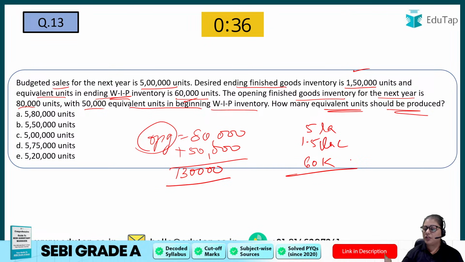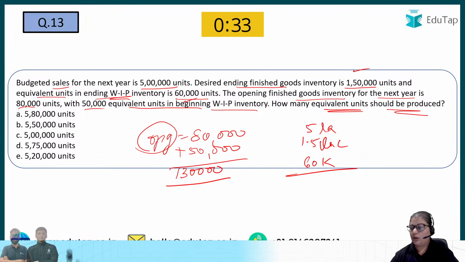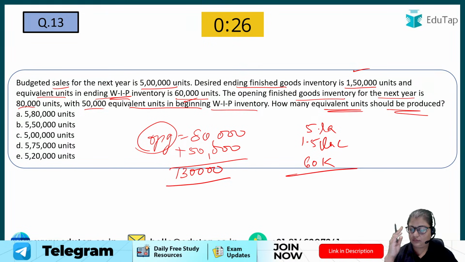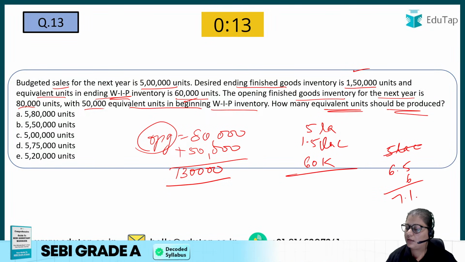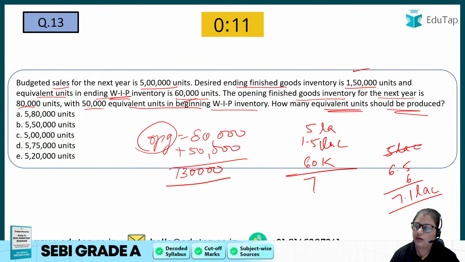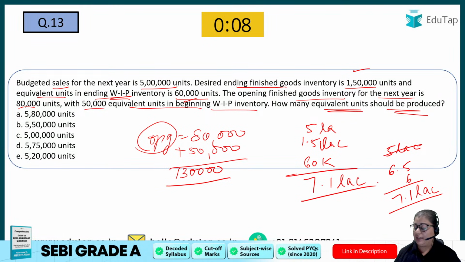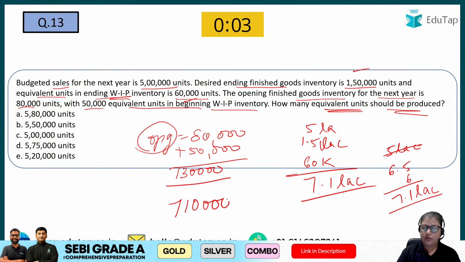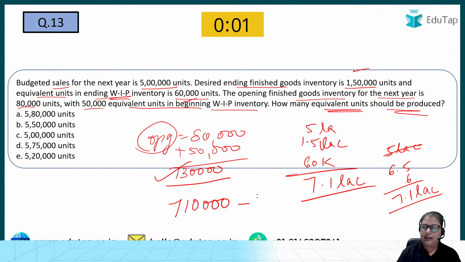So how much is it? 5 lakh and 1.5 is 6.5, and 60,000 more, so it will be 7.1. 7.1 lakh I want for my next year. 7,10,000 units for the next year, but I have 1,30,000 with me.